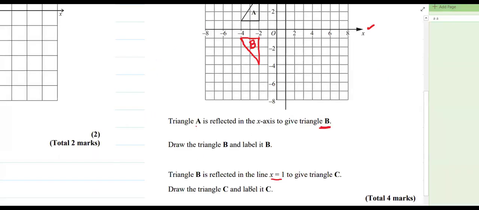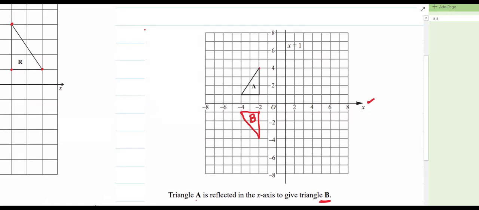So in this question, you have been asked, triangle B is reflected in the line x is equal to 1. Right now, the line is given as x is equal to 1. Even if it is not given, this is x is equal to 1, meaning this is the point 1.